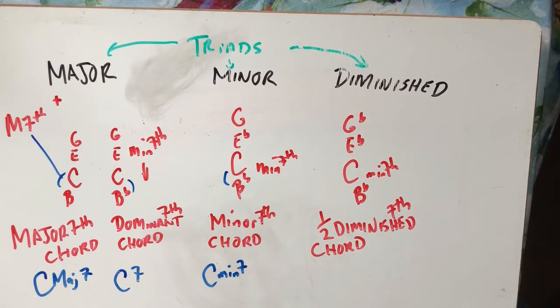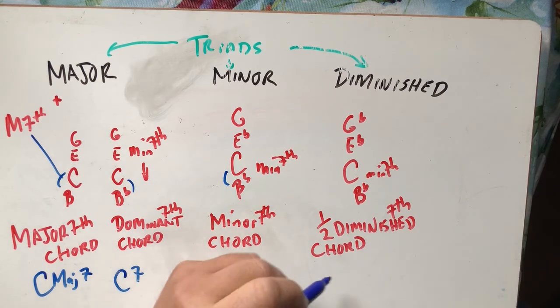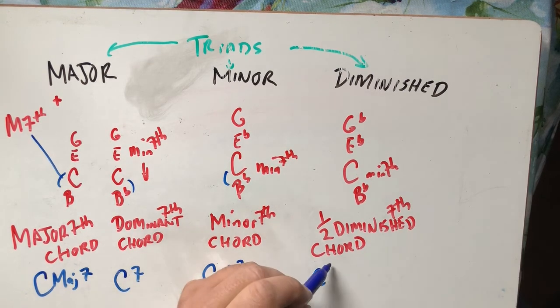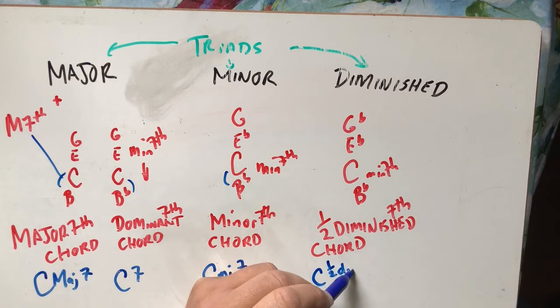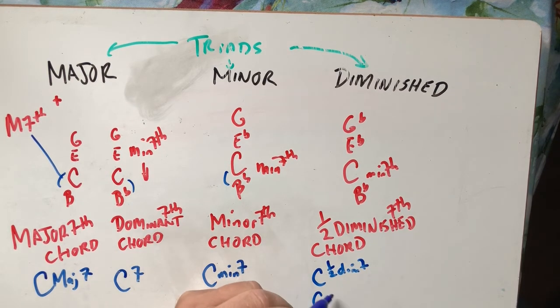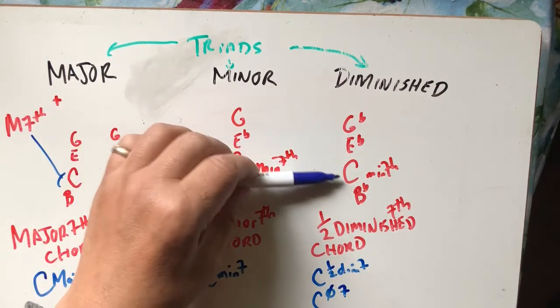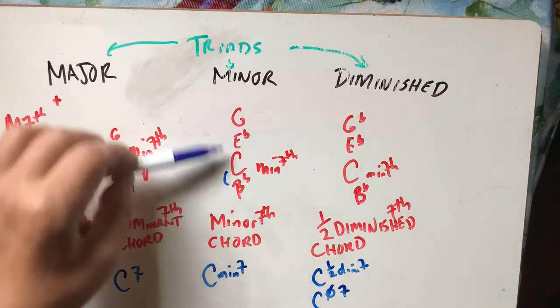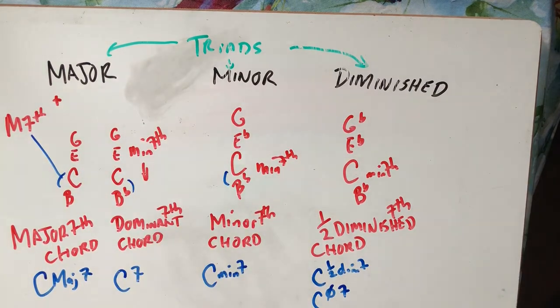And you will see that look like this. C, and sometimes you'll see a half dim, and sometimes you'll see a degree sign with a strikeout in it. That's more classical. And sometimes you'll see this, C minor 7, flat 5. Those are all the same thing. If you think about this, this triad here is a C minor triad with a flatted 5th to make it diminished, right?